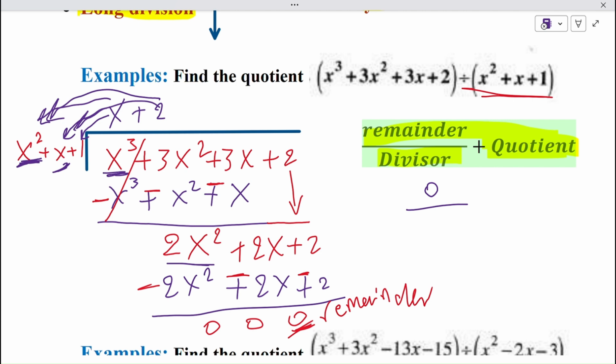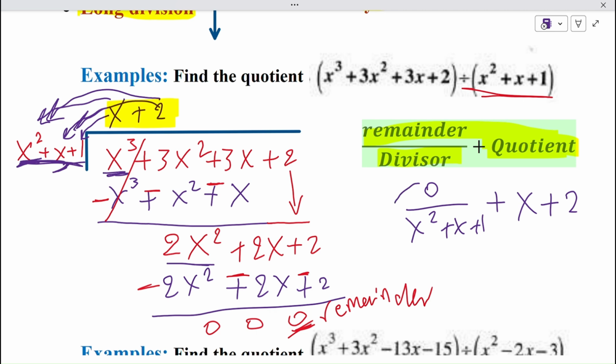Where is divisor and where is quotient? Divisor is here. This is called divisor. X to power 2 plus x plus 1 plus, where is the quotient? The quotient is this one. Our quotient is x plus 2.